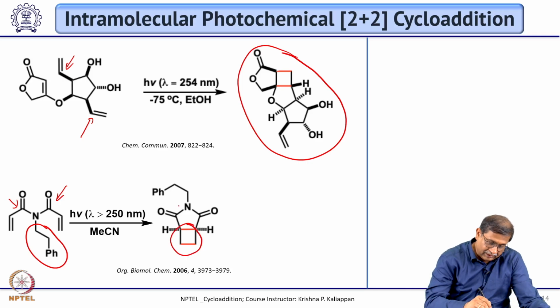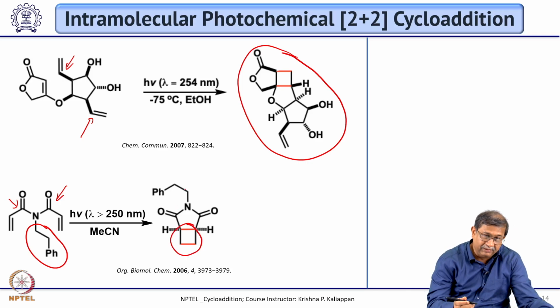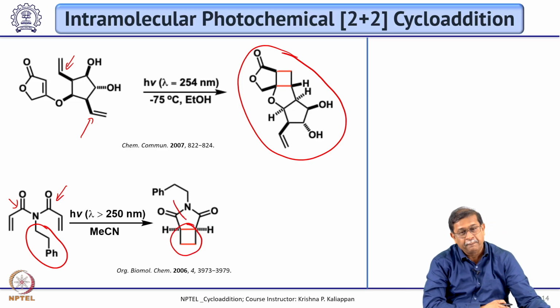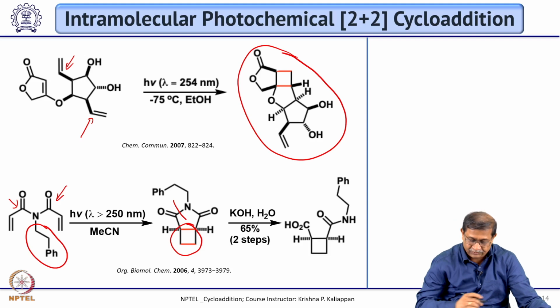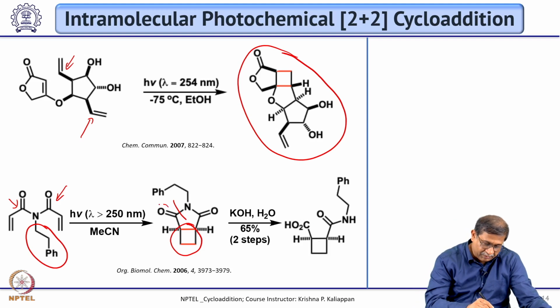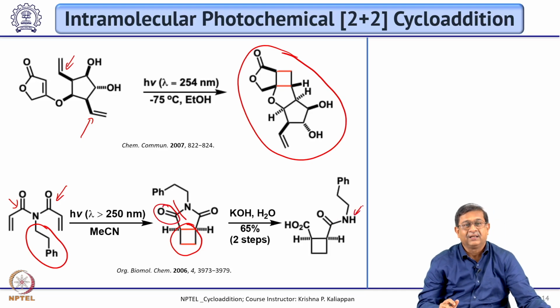Now, one of these can be cleaved because this is a symmetrical compound. One of these can be cleaved by treating with potassium hydroxide. So, that will cleave, and then one side will become carboxylic acid, another side becomes amide.